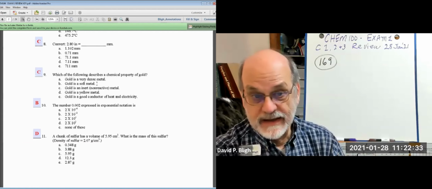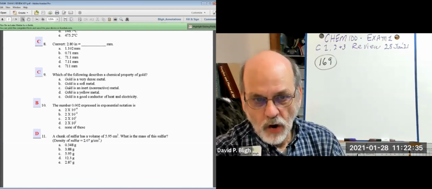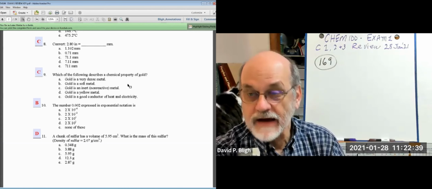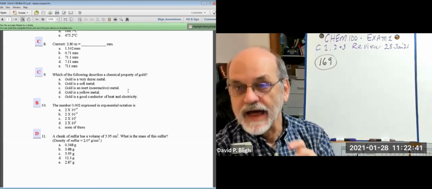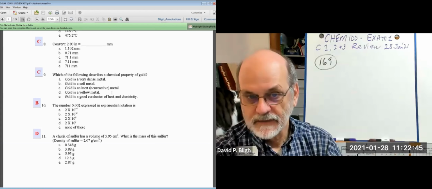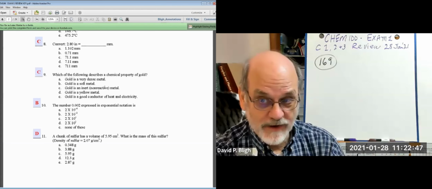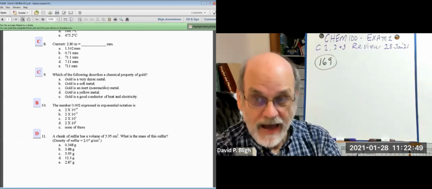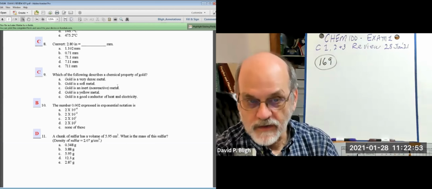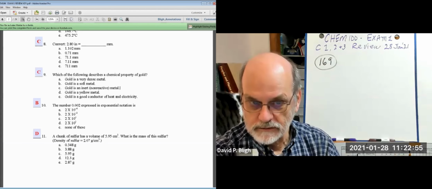So B can't be it. Gold is an inert, unreactive, or non-reactive metal. Now we're talking about the potential for reaction. Even though gold doesn't react, we are talking about the chemistry of gold. It is non-reactive. So that is a chemical property of gold.